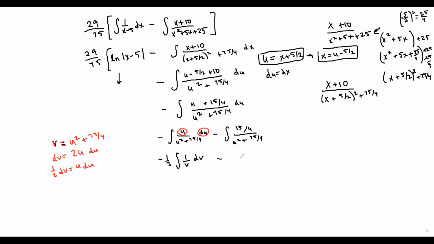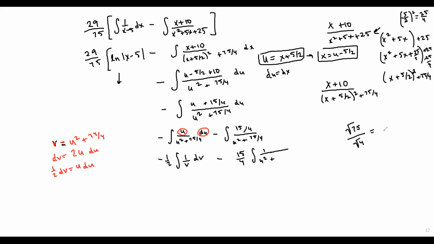I also have this can of worms going on the right-hand side. I'm going to factor out a 15 over 2 to start with, and then we'll take a look at what we have. We have 1 over u squared plus, and I want to see if I can rewrite 75 over 4 as something squared. It's a little tough, I know. Let's think about what the square root of each of those is separately, because if I take the square root of them, I can rewrite it as that quantity squared.